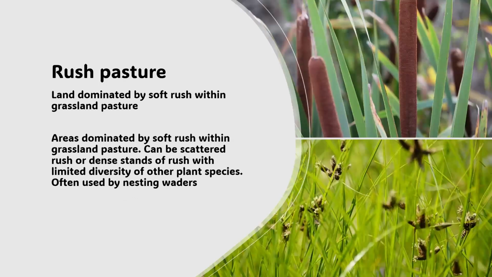And then rush pasture, as it suggests, every farm in Scotland, with the odd exception, will have an area of rush pasture somewhere. Even if it's not on your own farm, you'll be able to look across the field boundary, and I'm sure you'll be able to find somewhere. These are overwhelmingly the areas where you've got your soft and sharp-flowered rush.